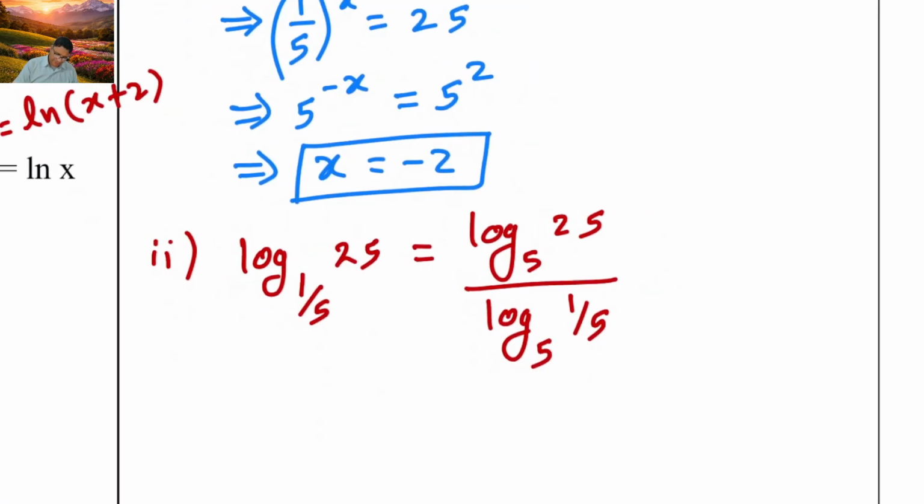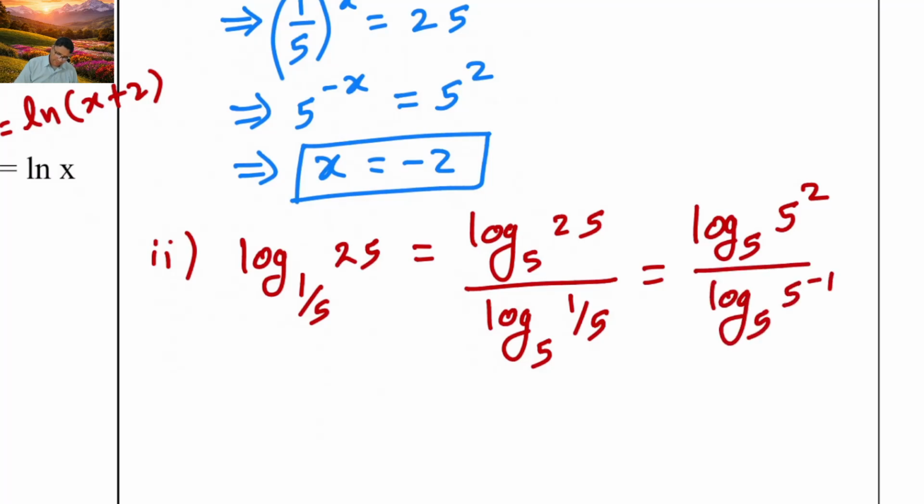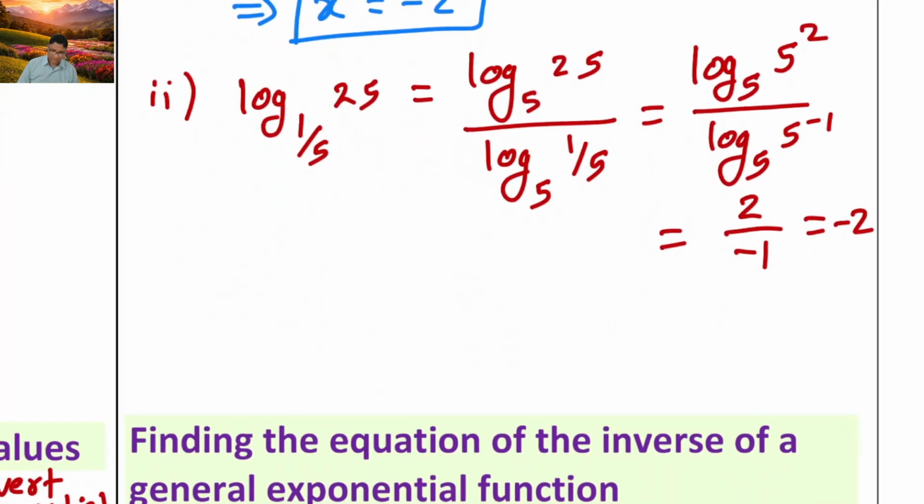Then you see that that's log base 5 of 5 squared over log base 5 of 5 to the -1. So 2 divided by -1, the coefficients, which is -2, as we had seen in the first method.